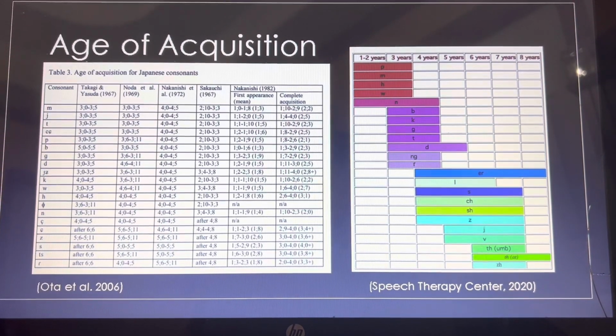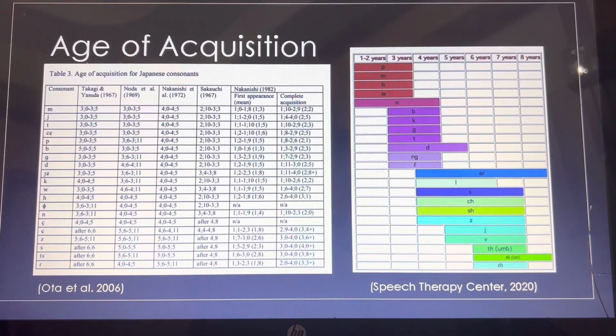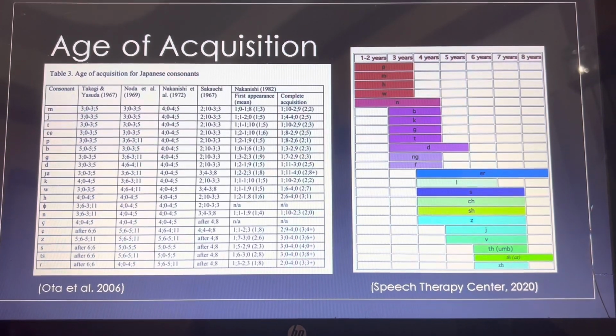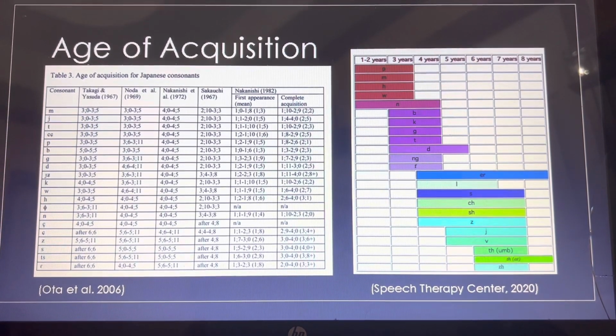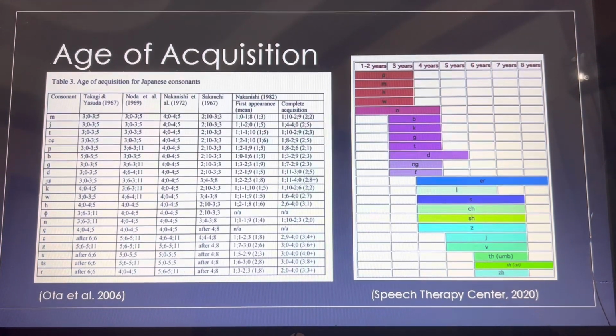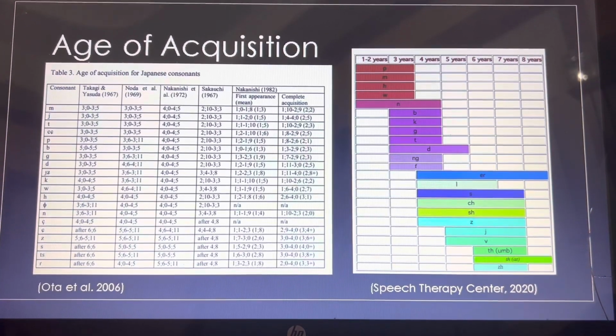So like the B sound on that side, we have one saying it's a 5-year-old or a 3-year-old, 4-year-old, and then here on the English side, we have B at 3 to 4 years old for age of acquisition. So again, just another consideration.